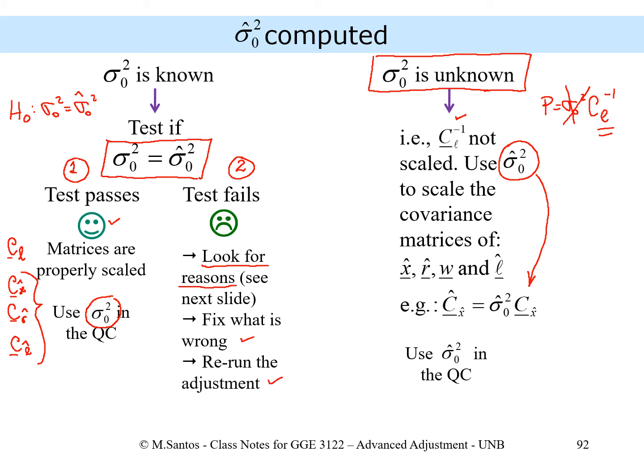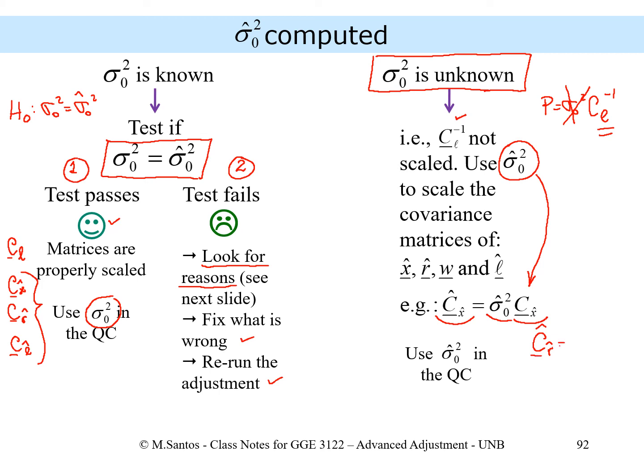For example, the covariance matrix of the parameters will be scaled by the a posteriori variance factor, giving the scaled covariance matrix of the parameters. And we can do that with any other matrix. We can do that with the residuals.